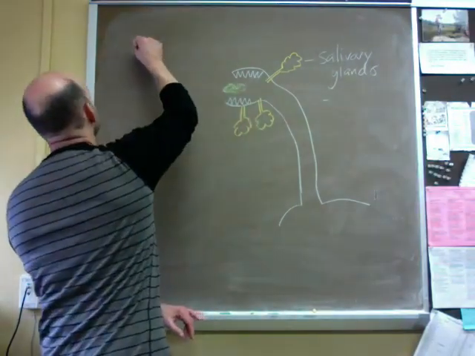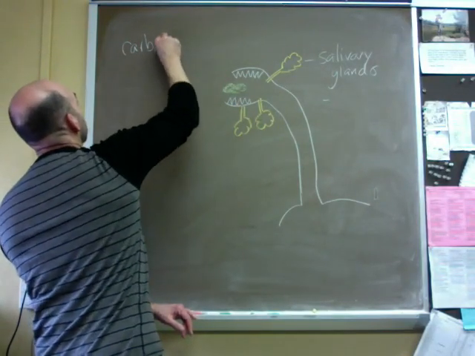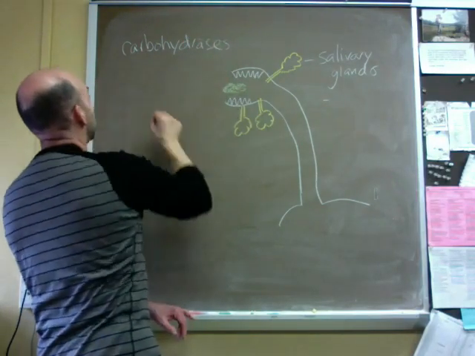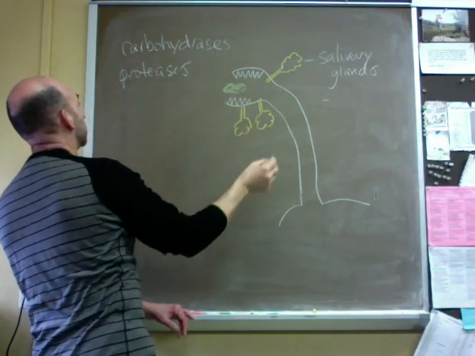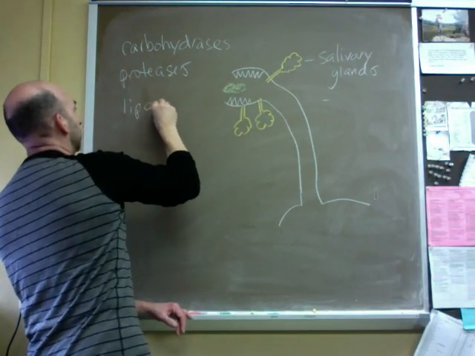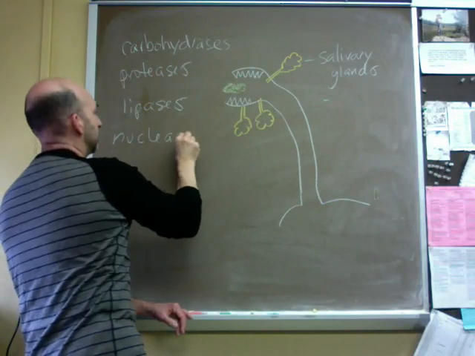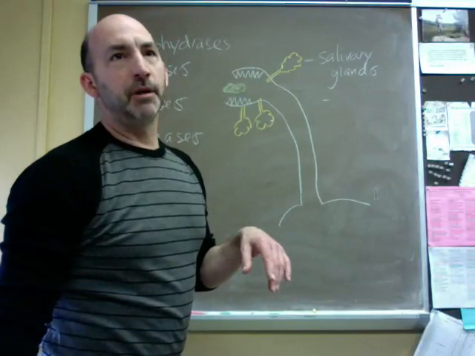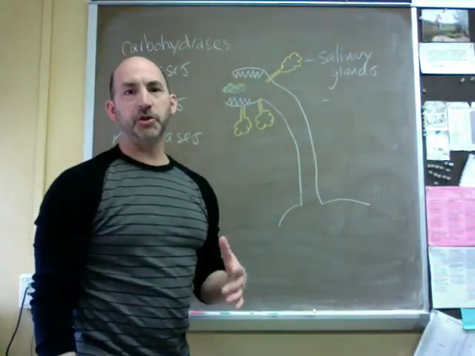And so we have a group of enzymes with fairly literal names here: carbohydrases, proteases, lipases, and nucleases. All of these are secreted as active enzymes, except for the proteases. They are secreted as zymogens.